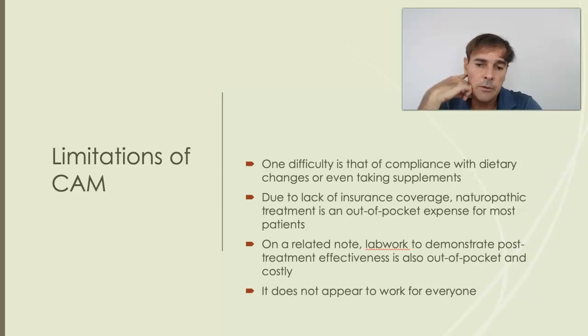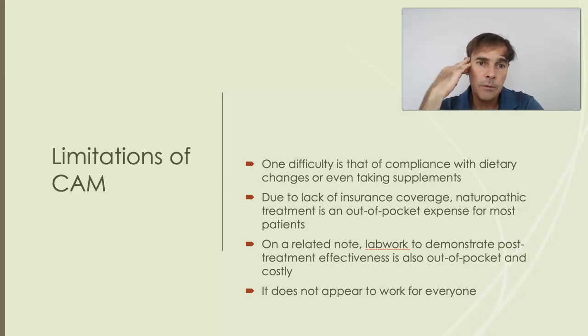Another thing is that she would do this lab work, and that's an out-of-pocket expense that is quite costly, especially if you do it as a before and after test of the effectiveness of treatment. So time point A is before treatment and time point B is after treatment, and you compare outcomes.